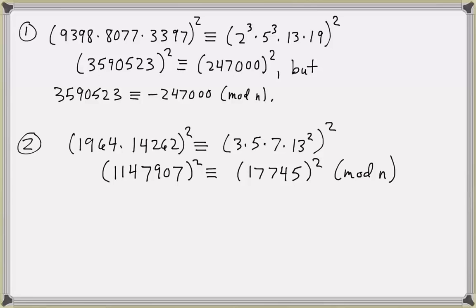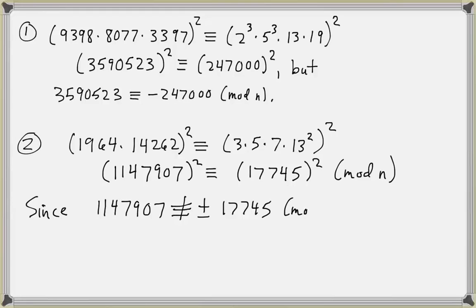Notice that 1147,907 is not congruent to plus or minus 17745 mod n.